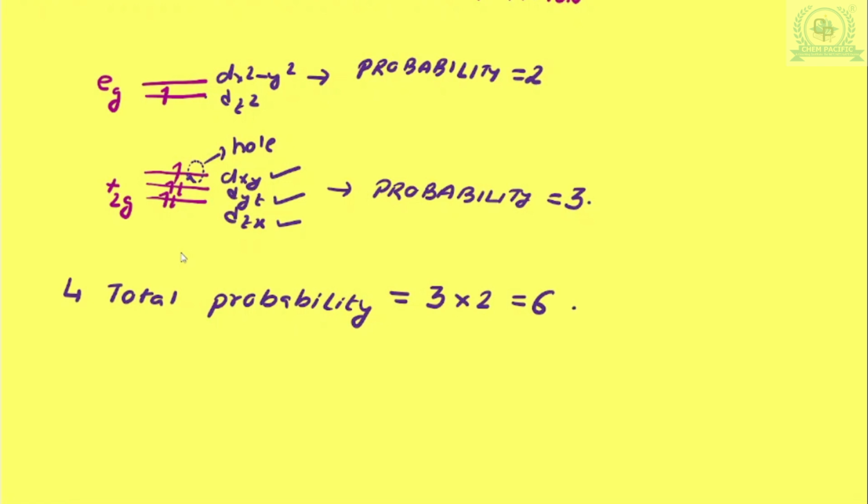Now since the probability became 6, this 6 can be written as 3 plus 3. It means it can be written as a sum of two triplet terms.